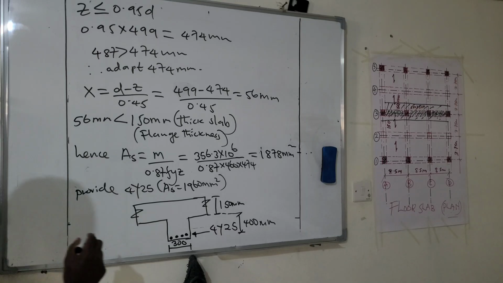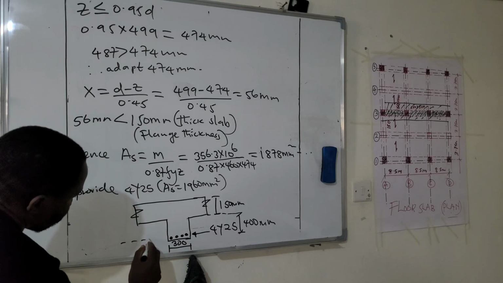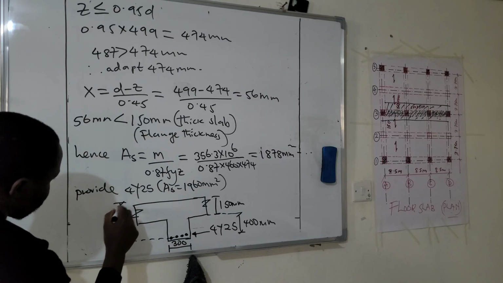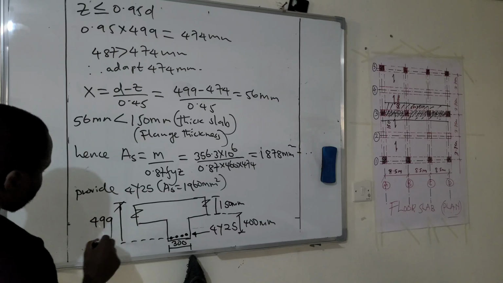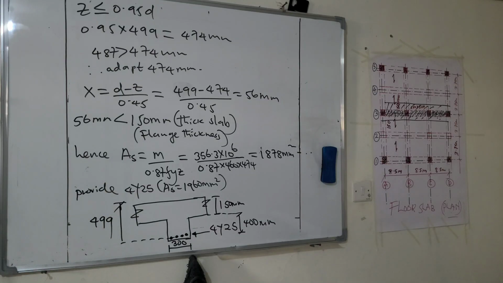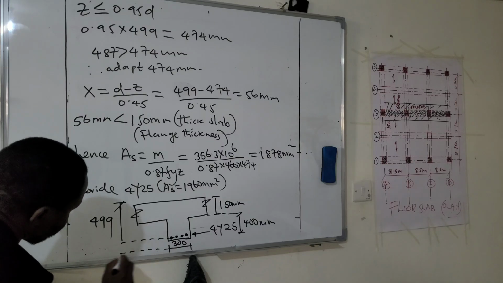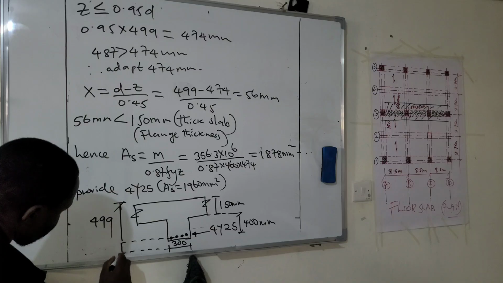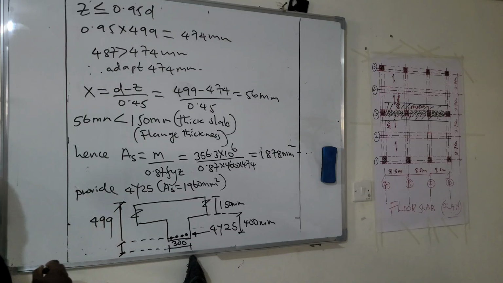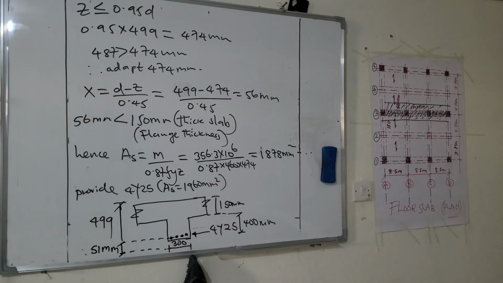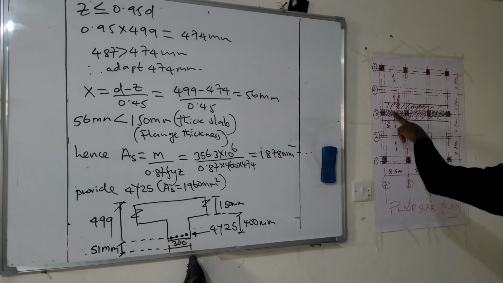And then remember our D, our D is 499. And the remaining distance is 51. So that is all about this end span.